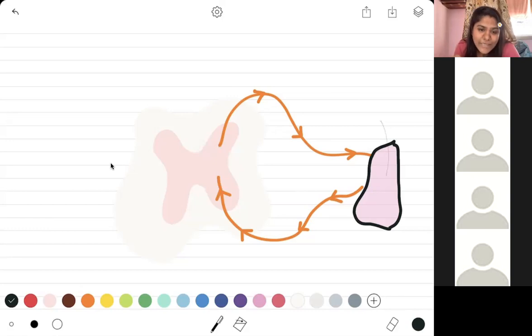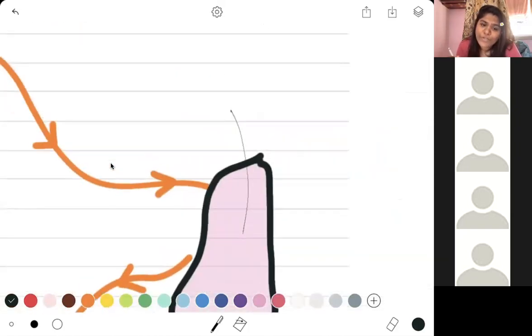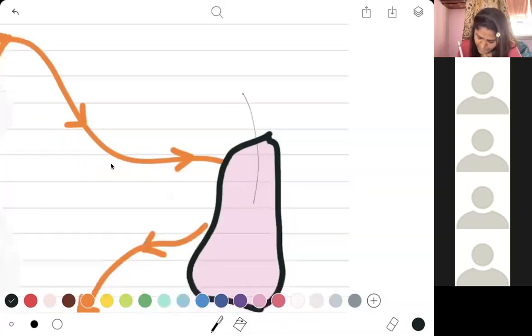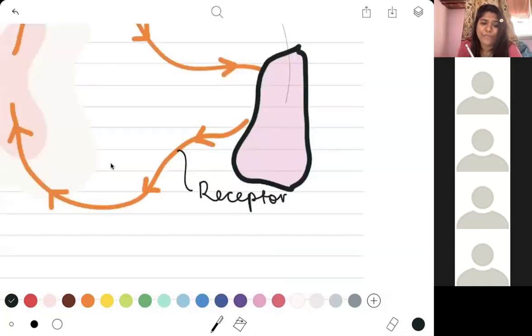And here you are going to have this particular region where you have something called the receptor neuron. So we are going to label this particular part as your receptor neuron. What this receptor neuron does is take the information that you've been hurt, or there's something hot, or something has happened to you, to your spinal cord.